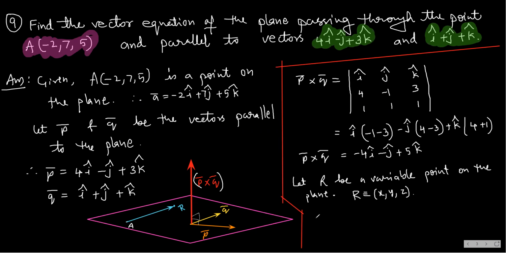I will write. Therefore, AR bar is perpendicular to P bar cross Q bar. Therefore, AR bar dot P bar cross Q bar is 0.